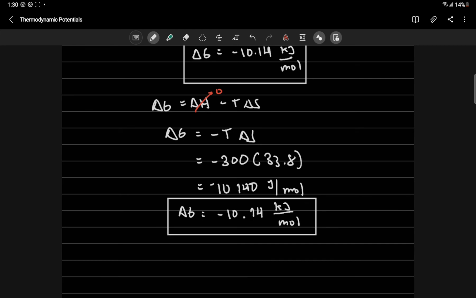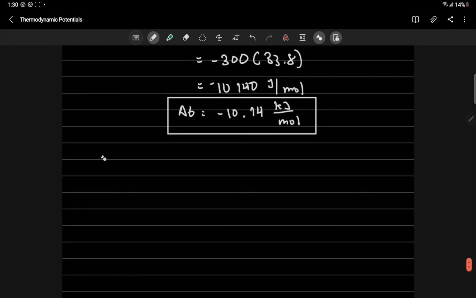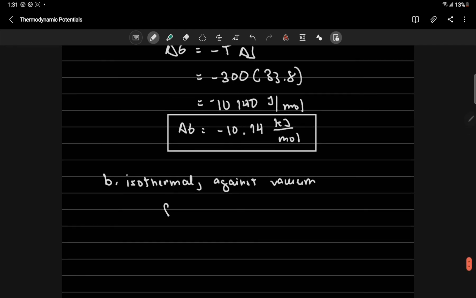Okay, hindi pa tayo tapos kasi we have completed all thermodynamic functions for letter A. But for letter B, di ba, ang sabi dun sa letter B, paano kapag isothermal pero against vacuum? So, just to give you a refresher, kapag against vacuum, yung expansion, ito yung tinatawag nating free expansion. Walang energy requirement.